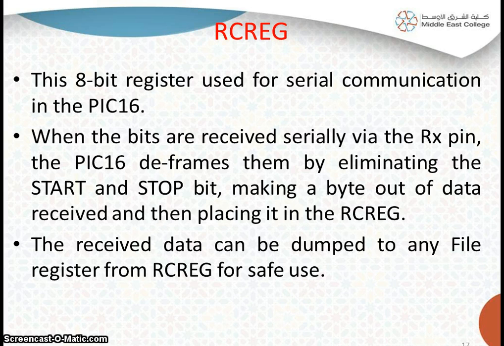This is done and the 8 bits of data are placed in the RCREG. Once the data has been received in the RCREG, it has to be stored in some other file register, because we should be able to receive the next set of data in the RCREG itself.